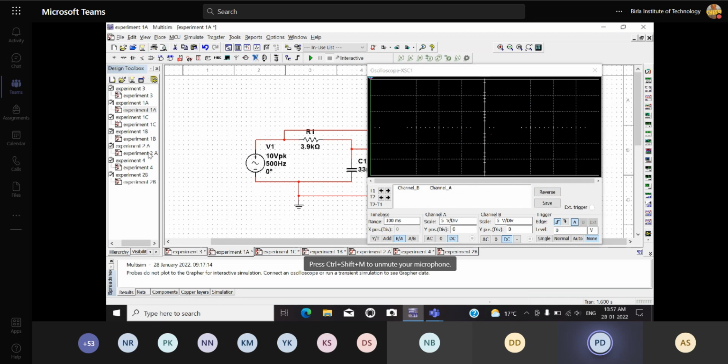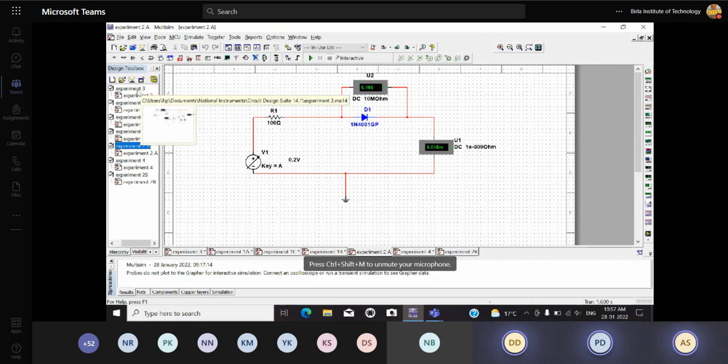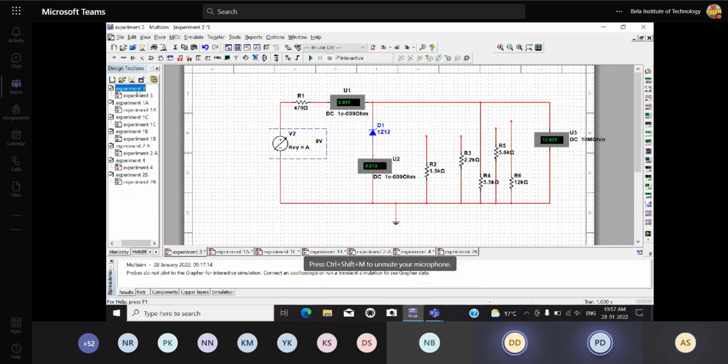And I have shown the biasing one. Should I show it again? You have shown it, Devrishi. And the third and fourth, you have shown both? No, ma'am, I have shown the second one. Okay, second one, there is no issue. What about 3, 4? Ma'am, this is the third one.